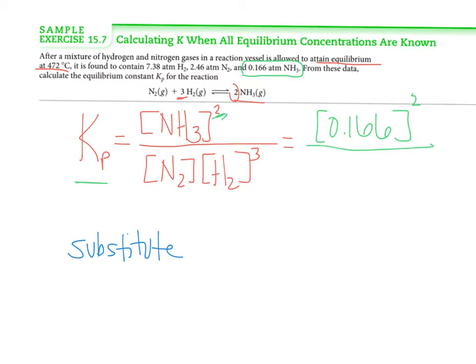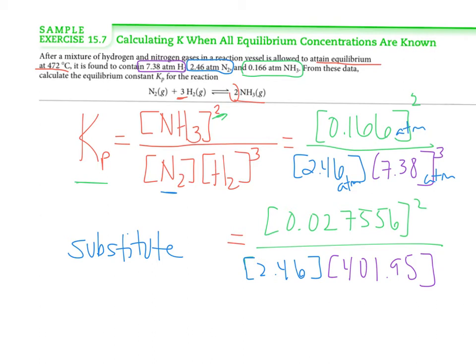So our N2 here is 2.46 atmospheres. So for N2, I'm going to put in 2.46, and that is to the first power. And our H2, 7.38 atmospheres, and that is to the third power.